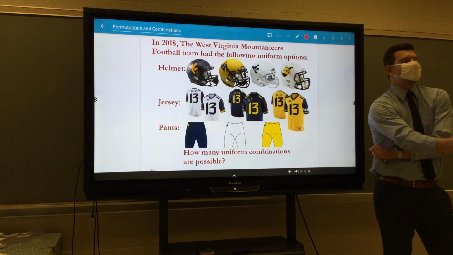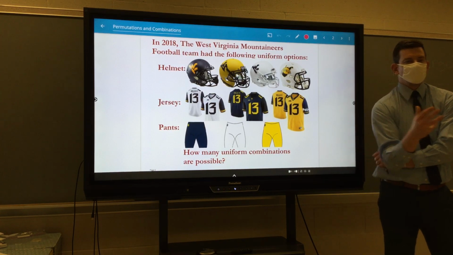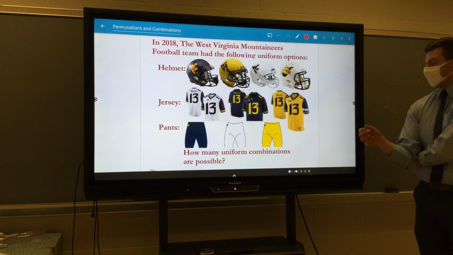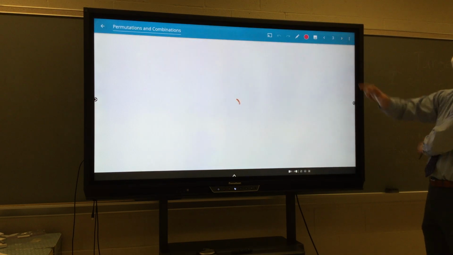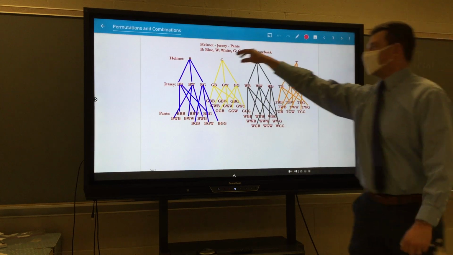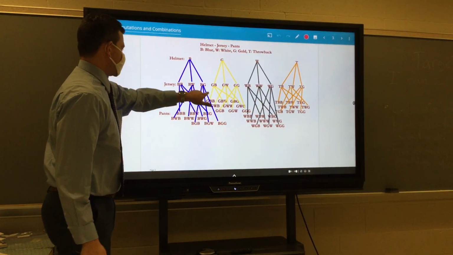So we had seen problems like this a couple weeks ago. How many different uniform combinations were possible? Well, one possibility, if you really wanted to, you could map out every single possible combination. Pick a helmet, which branches out 3 different ways to the jersey.